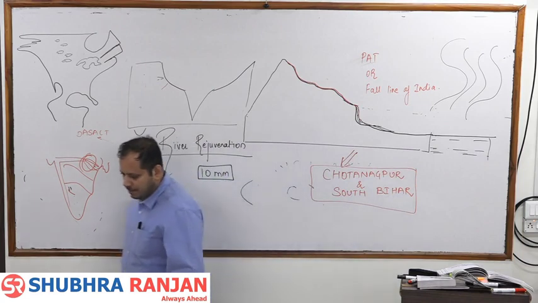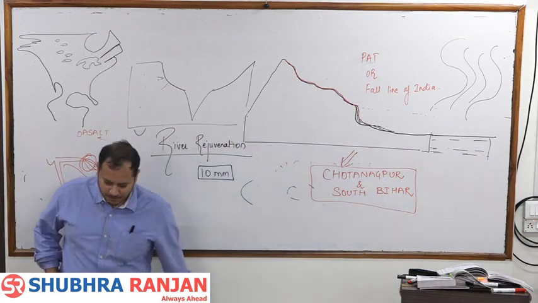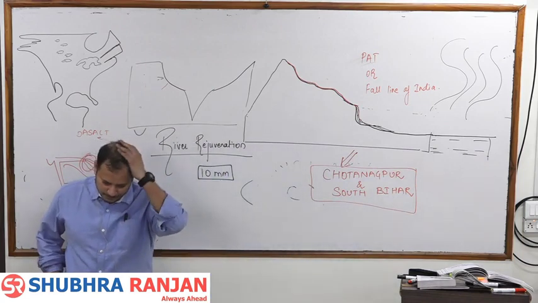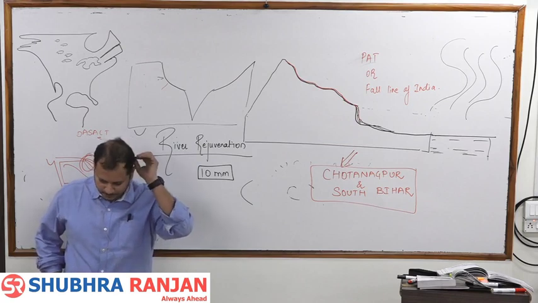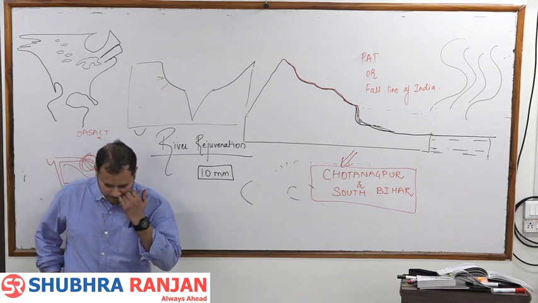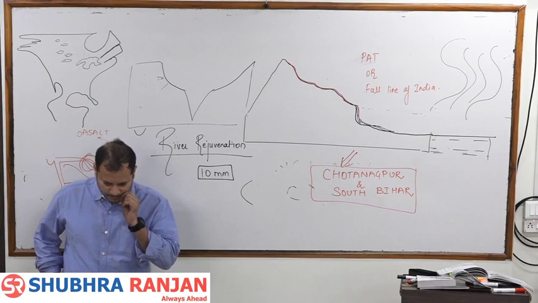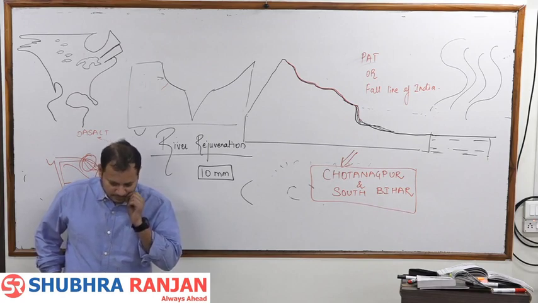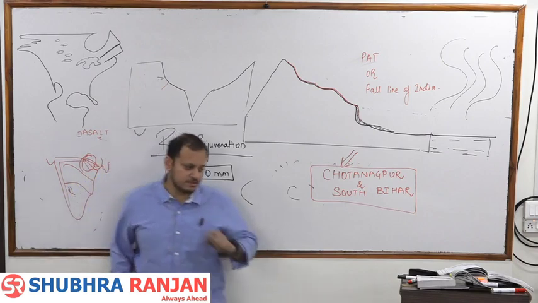Example, छोटा नागपुर प्लाटू. Which has features such as, सिर्फ नाम लिखो, अभी कुछ नहीं समझेगा.